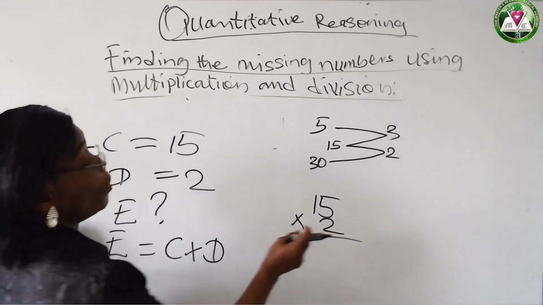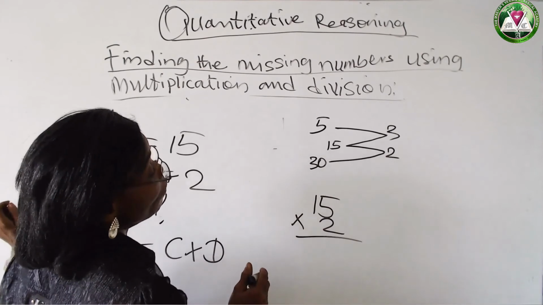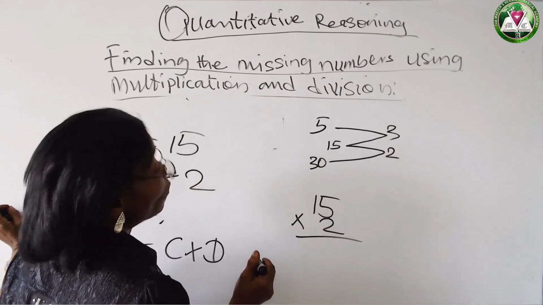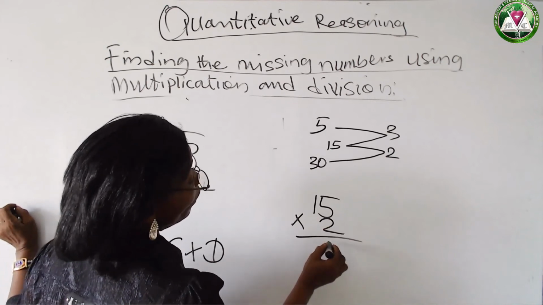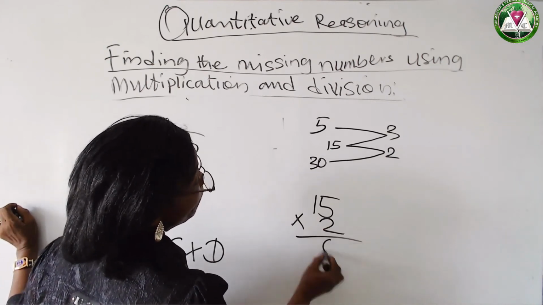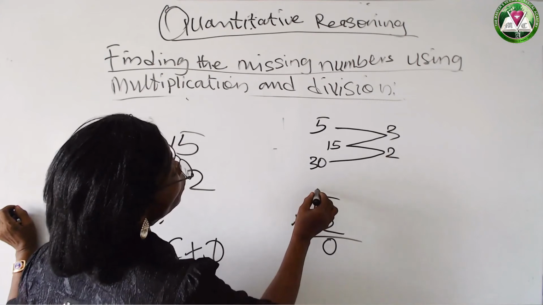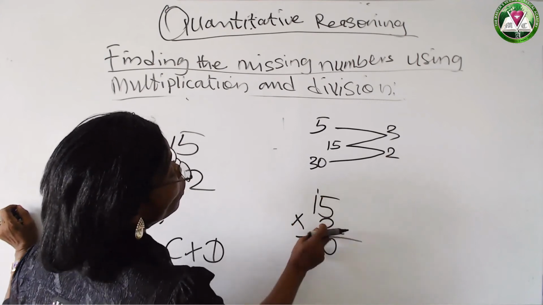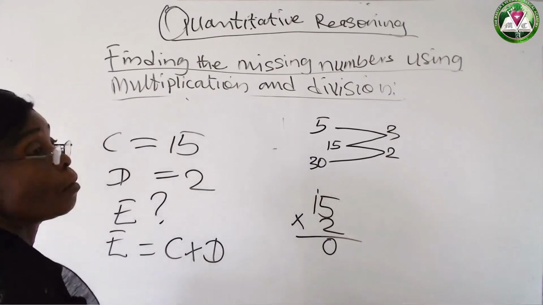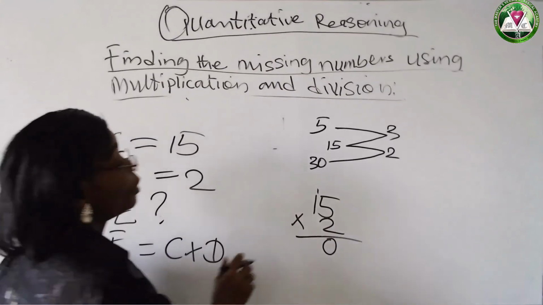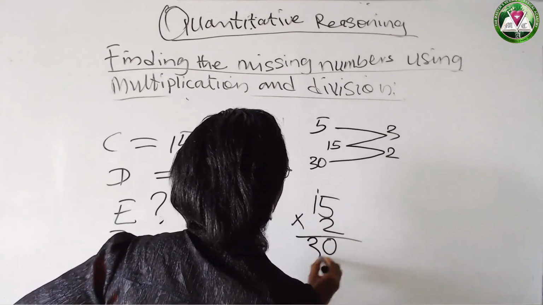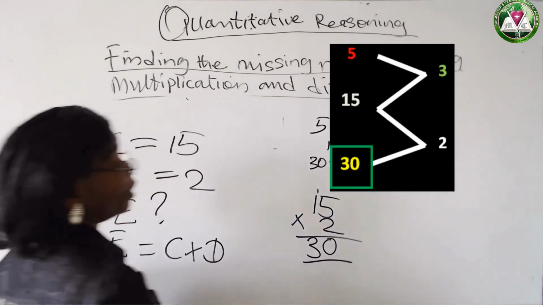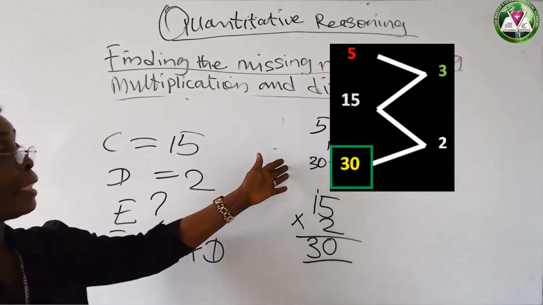So let's go. 2 times 5. Correct. 10. We write what? Good. We write 0. Carry 1. Put this 1 to here. 2 times 1. Okay. 2 plus 1. Have we seen that we have gotten 30?